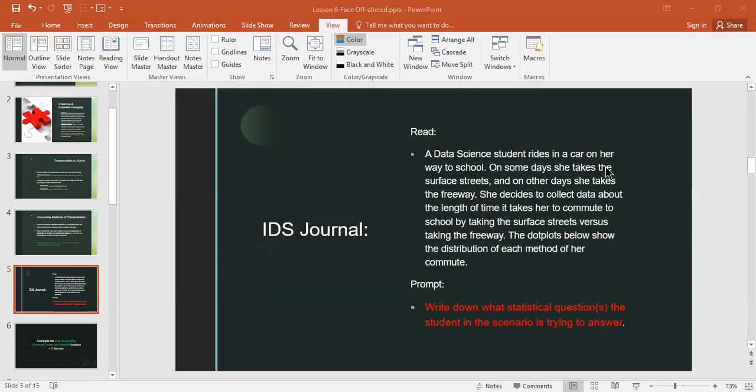But first things first, based on the data that she's decided to collect, I want you to write down what statistical question or questions the student in this scenario is trying to answer. You're doing this in your journal.